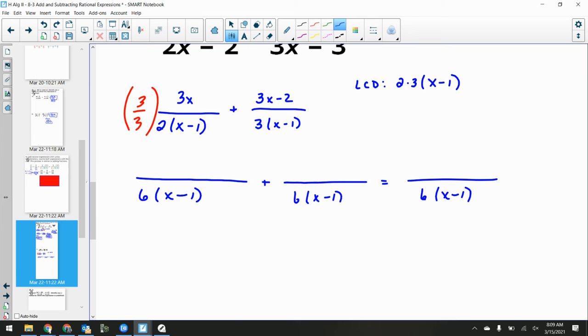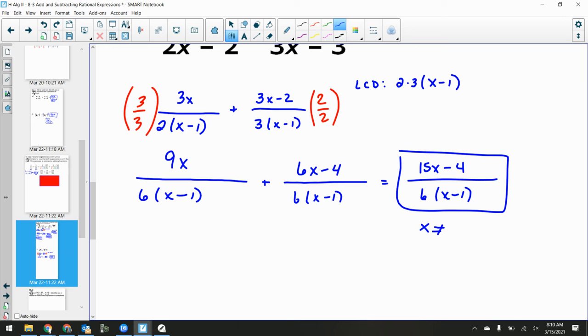So I multiply it on top to get a 9x. The only thing missing out of my denominator on the right side is my 2. So I multiply top to bottom, I get a 6x minus 4 when I distribute it. 9x plus 6x is 15x. And then minus 4. And that doesn't factor, does it?